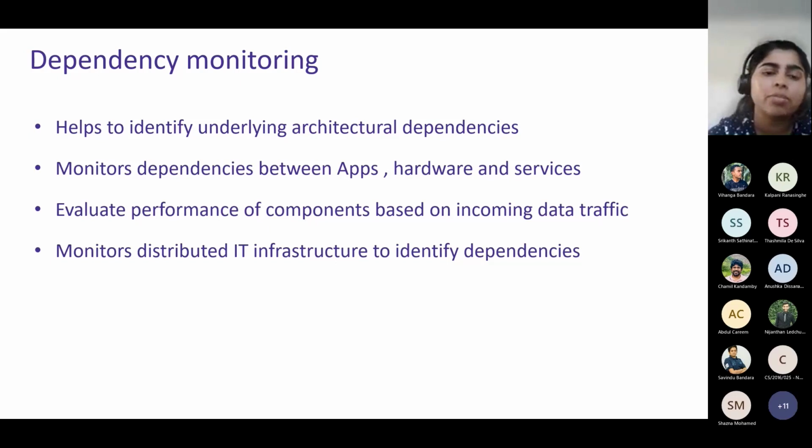And then evaluate performance of components based on incoming data traffic, and monitor distributed IT infrastructure to identify dependencies. When it comes to distributed IT infrastructure, that means the application is hosted in several data centers.